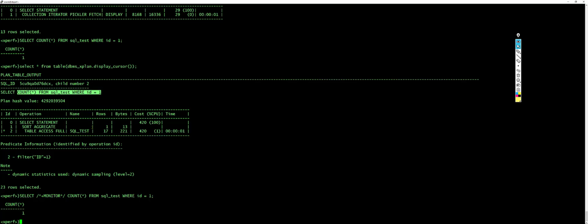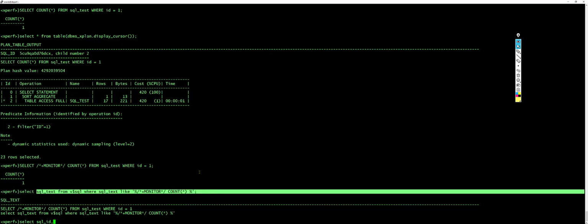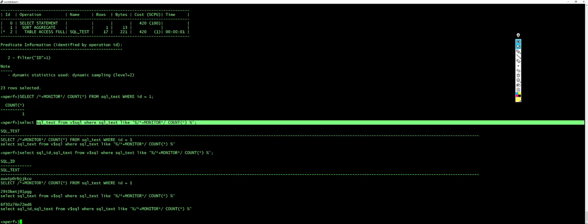Okay. So I need to identify the SQL ID first. Yeah, this is the SQL ID.